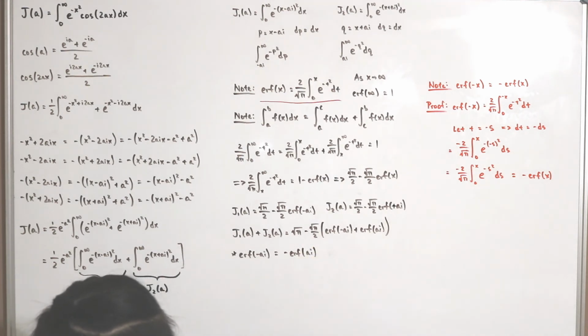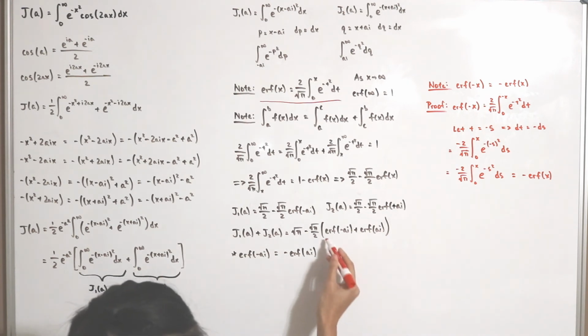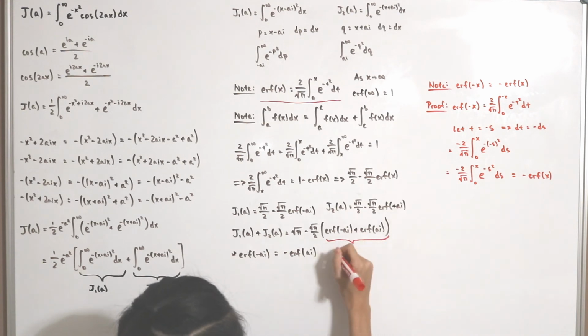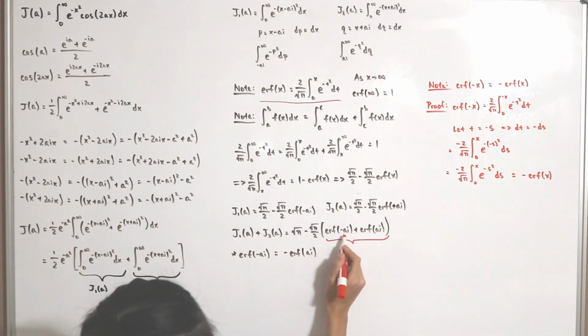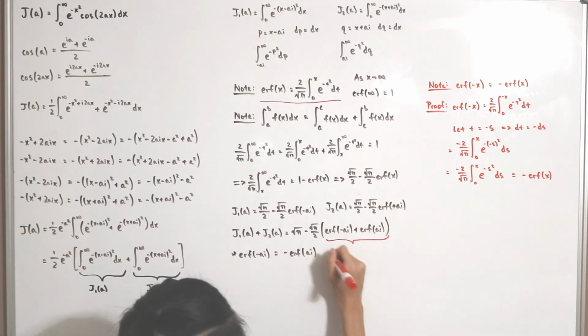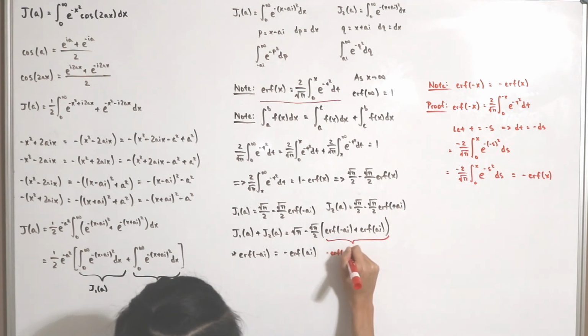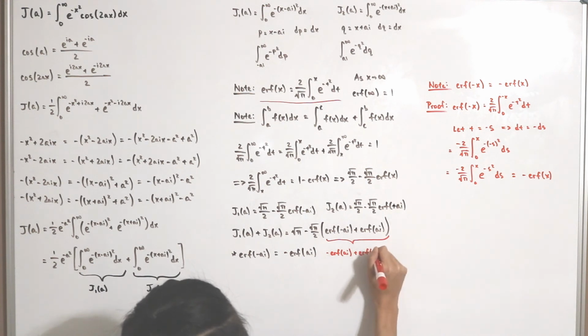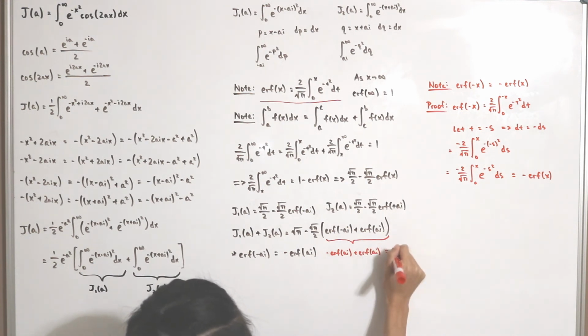The error function of negative ai is negative error function of ai, plus error function of ai. This is just equal to 0.